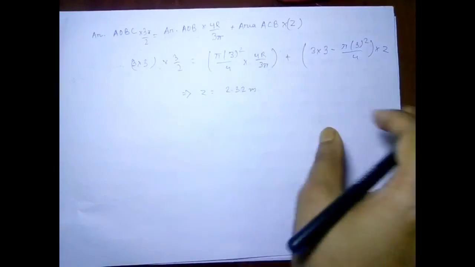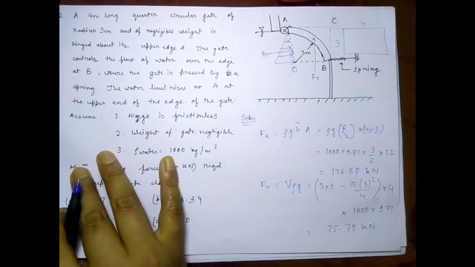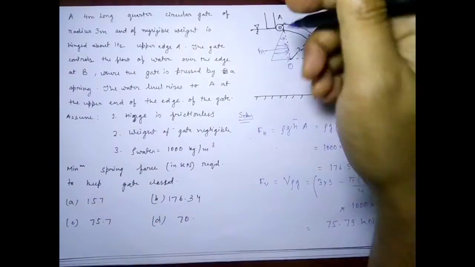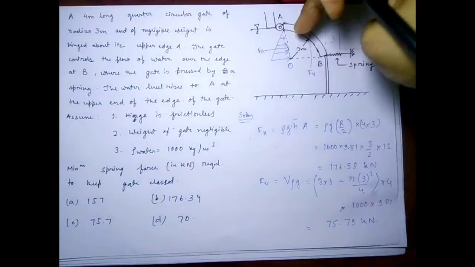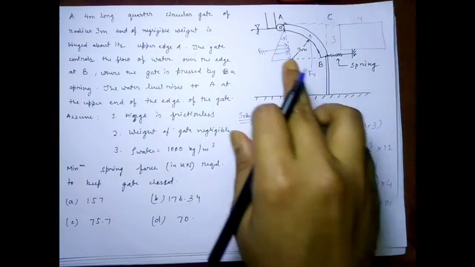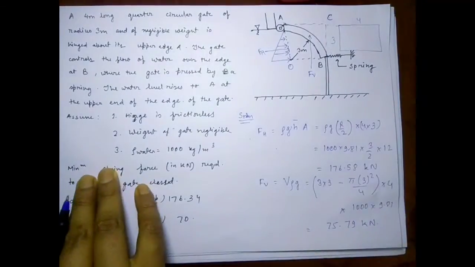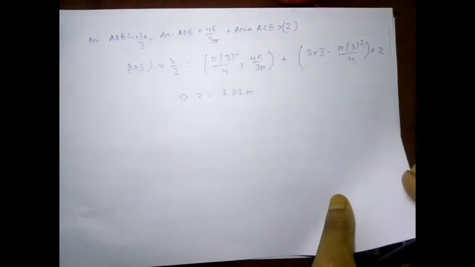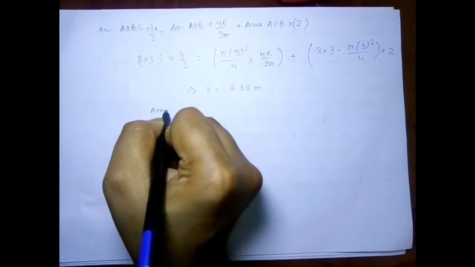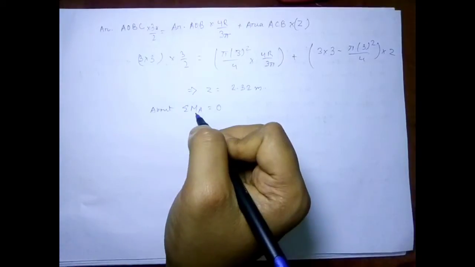So therefore, if we take a moment about A, since it will be rotating about A, and taking FH as the force, summation of MA equal to 0.